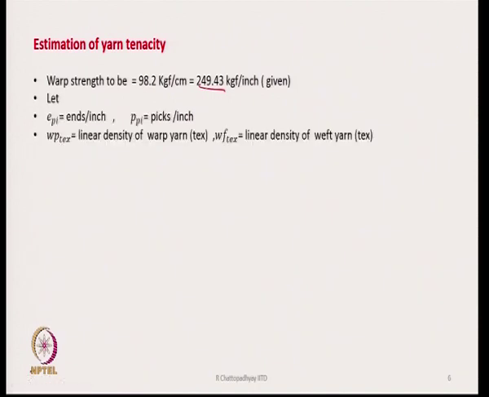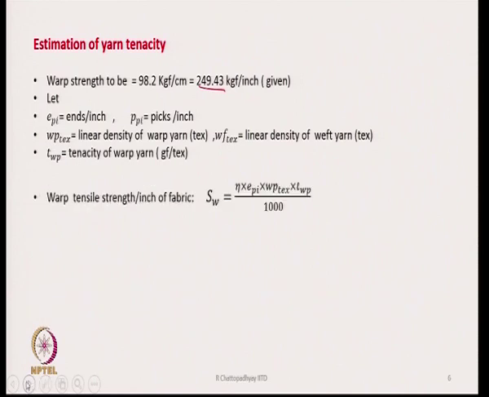So, let us say EPI stands for ends per inch, PPI stands for picks per inch, and WP TX is the linear density of the warp yarn. Similarly, WF TX is the linear density of the weft yarn, TWP the tenacity of warp yarn, and then we are writing what should be the tensile strength of the fabric.